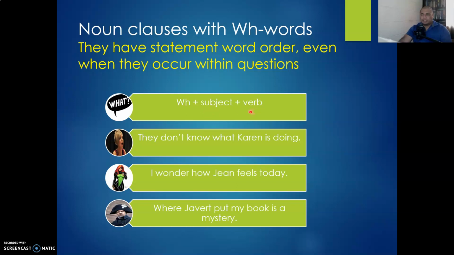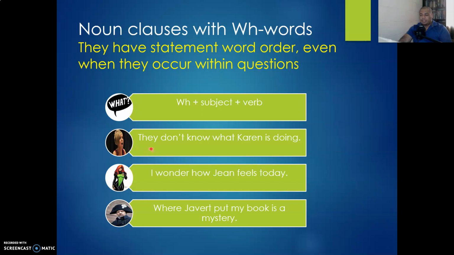Do not use the question word order. That is to say, WH word, and then verb, and then subject. Do not use this. That is not the right way to create a noun clause with WH words. And this applies even if the noun clause is inside the question.